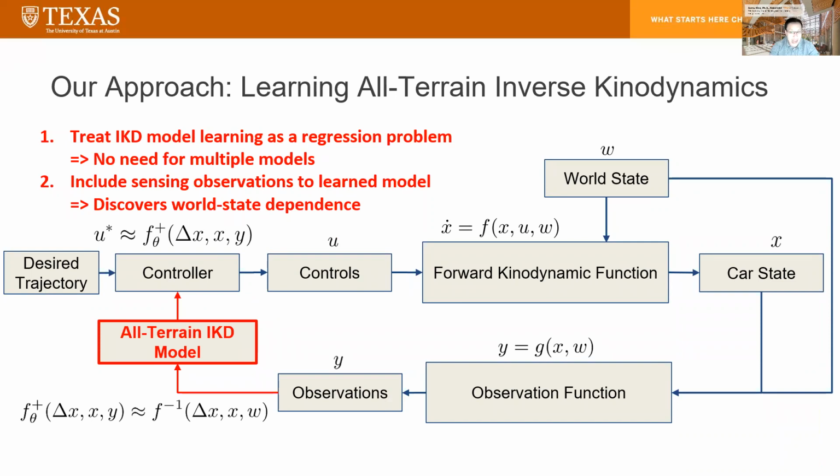The key of doing that is essentially including sensor observations Y in this inverse kinodynamic model, F inverse, to capture the true world state W. This will allow the inverse kinodynamics model to consider the world state, which is still not directly observable, but by considering onboard sensor observations Y, these unknown kinodynamic effects can be learned by the robot.